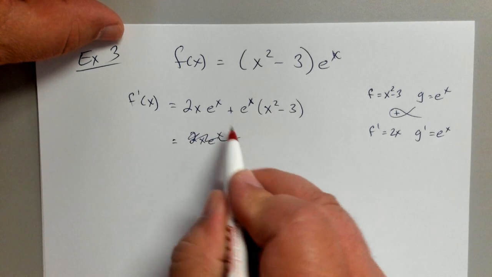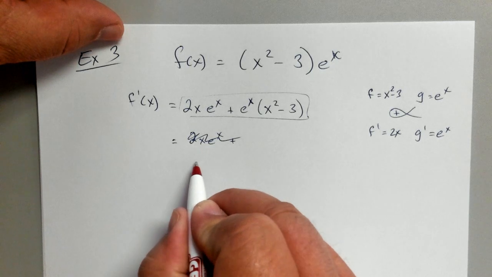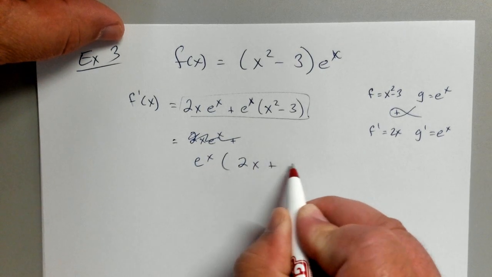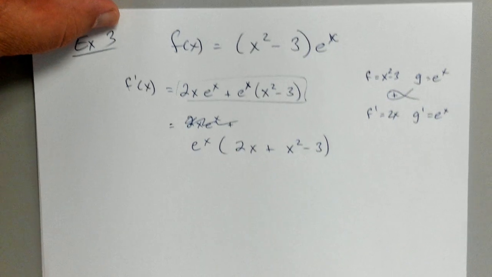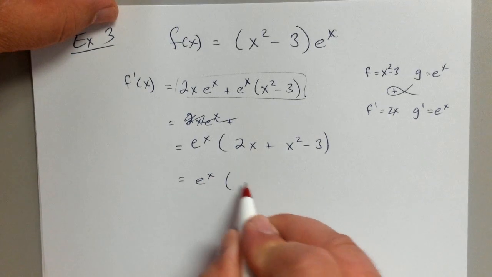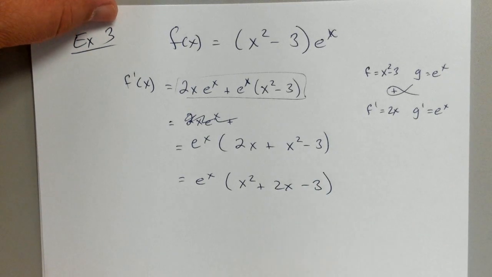Actually, for this point here, we can factor out an e to the x, giving us 2x plus x squared minus 3. So x squared plus 2x minus 3.